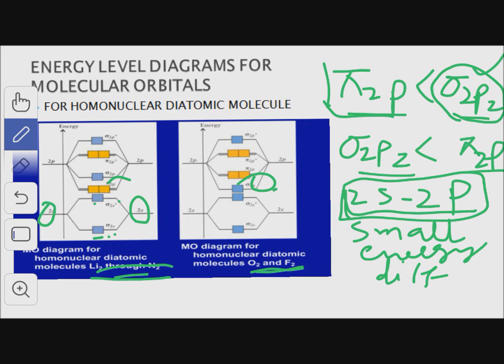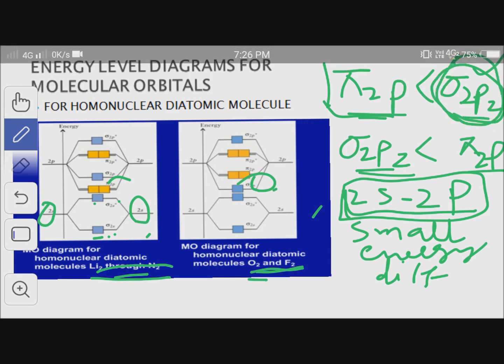There are different energy level diagrams: for lithium to nitrogen, this is one energy level diagram, and for oxygen to fluorine, this is a second energy level diagram. There is only a small difference between the sigma 2pz and pi 2p orbitals. In the first diagram, for lithium to nitrogen, the sigma 2pz orbital has higher energy than the pi 2p orbital.